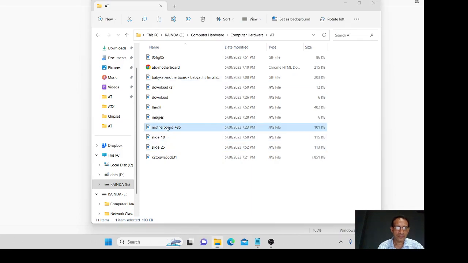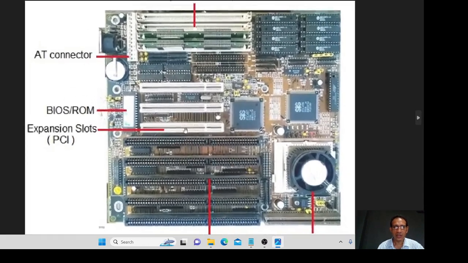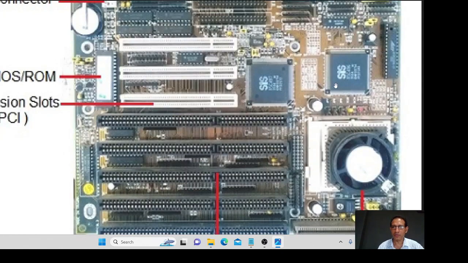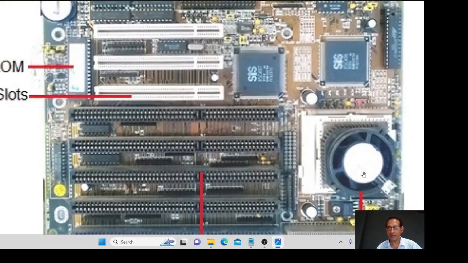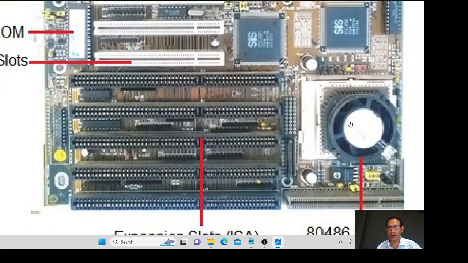In this motherboard you can also see the north bridge and the south bridge, and here the processor is already plugged onto the socket, and there is a cooling fan. Below the cooling fan is directly connected the heat sink. What is a heat sink?